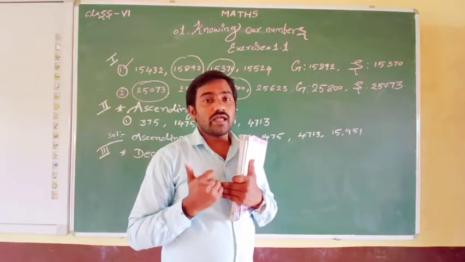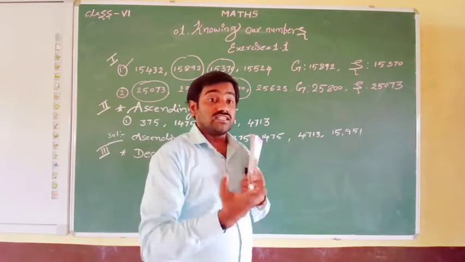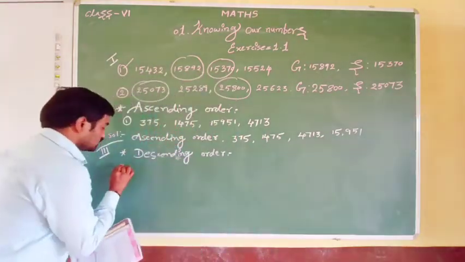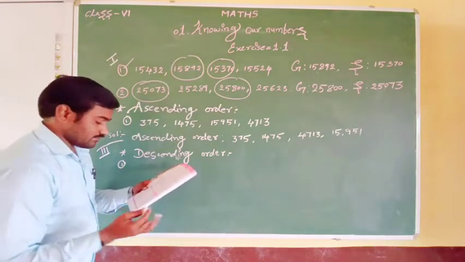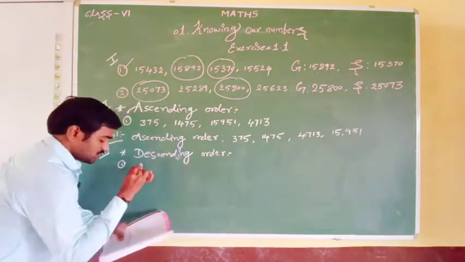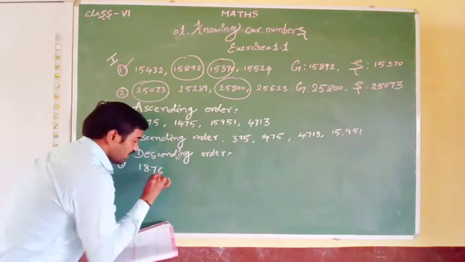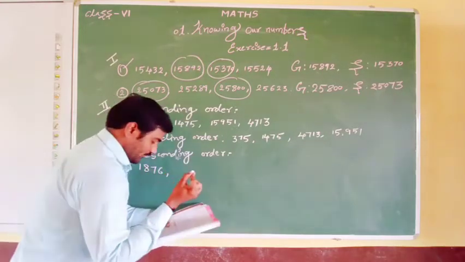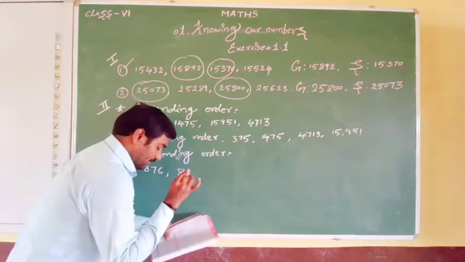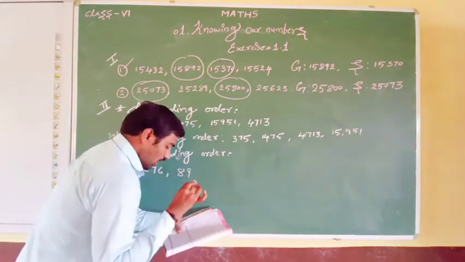That means the numbers are in the descending order. Let me write the first question in this. There are two questions in this one. I am going to solve only one question. The remaining one is homework for you, so that you get practice how to do it.